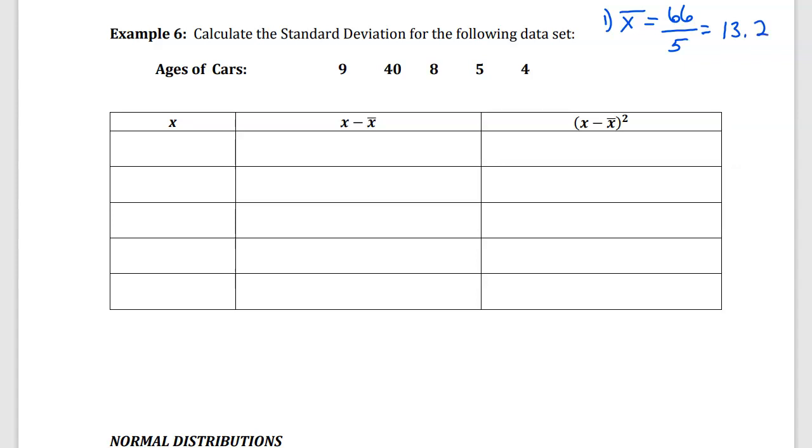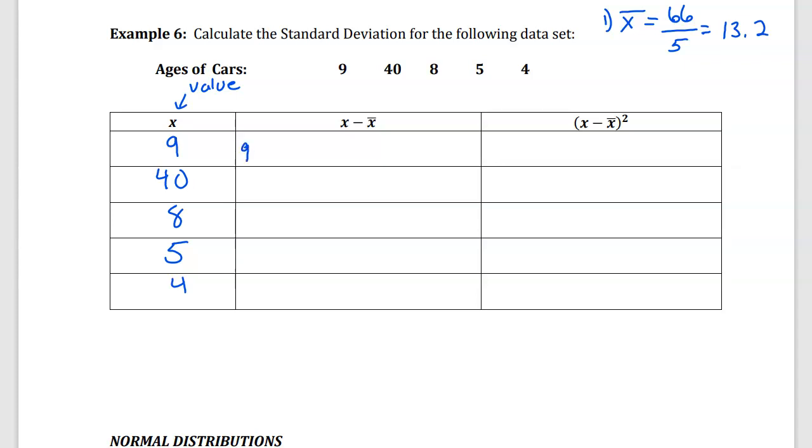That's our mean. Now if you look at the column headings here, the X is just the individual values that we have. So that's 9, 40, 8, 5, and 4. Then we take each of those values minus the mean.